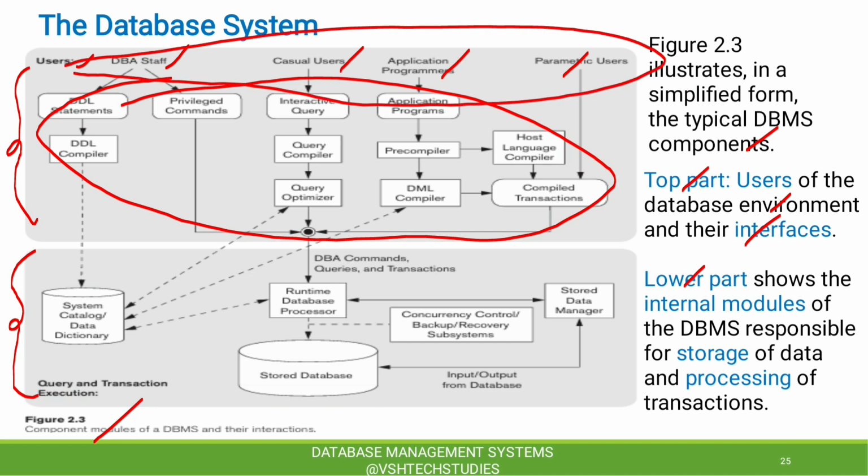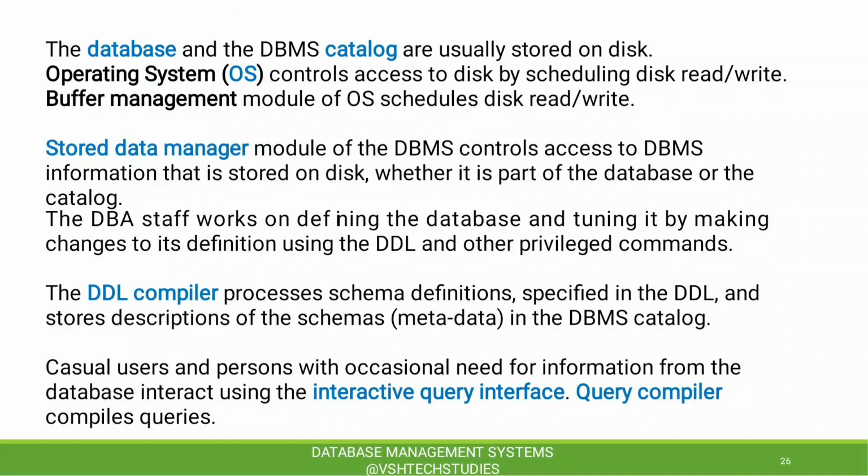Both together are shown in the top part. The lower part shows the internal modules of the DBMS responsible for storage of data and processing of transactions. Now we'll discuss the different modules.